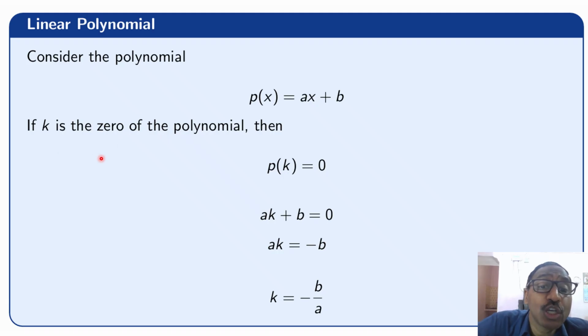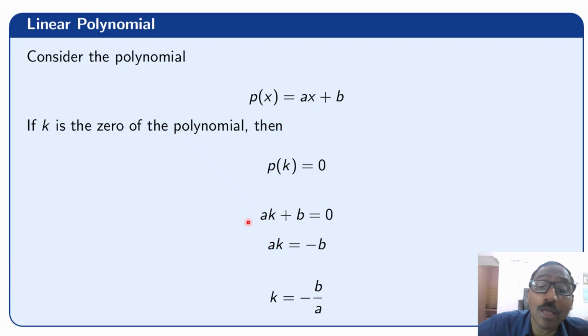If k is the zero of the polynomial, then p of k equal to 0. Only if p of k equal to 0 do we say k is a zero of the polynomial. So if they give k as a zero, we can take p of k equal to 0.